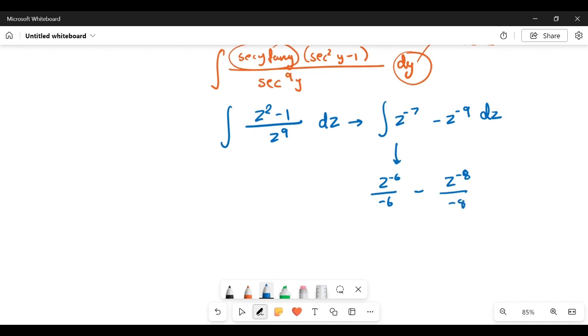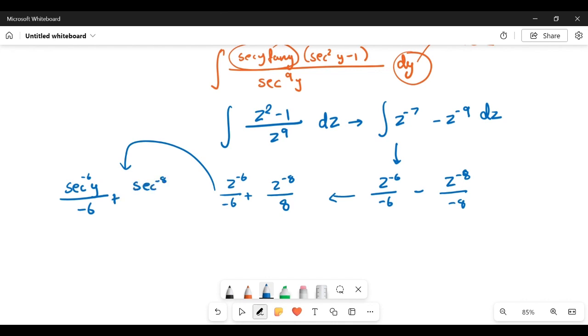That means this is z to the power minus 6 by minus 6 plus z to the power minus 8 by 8. And what is z? z is basically sec y, like we put it. I hope there is no doubt in this at least.